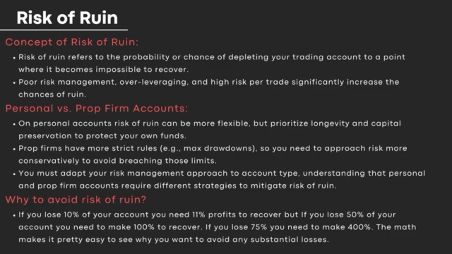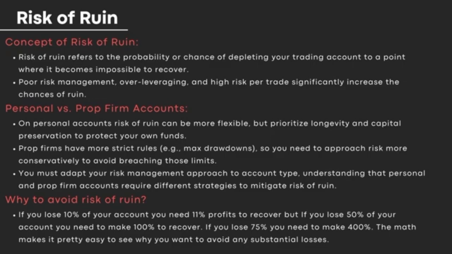So the approach for prop firms has to be different, and you cannot treat it like a personal account, because the stakes of blowing up your account are a lot higher and the room for error is smaller, given how small the drawdown limit is, which is only 10% for most platforms.